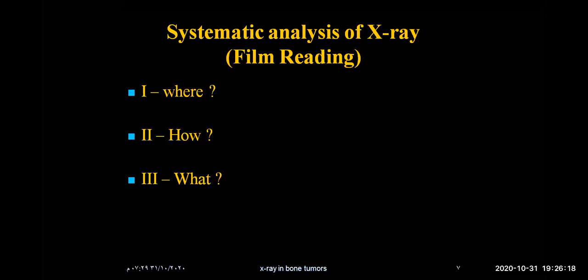The keyword is systematic reading. To be systematic in analysis of X-ray: where is the lesion, how, and what. So the rest of the lecture will be about these 3 goals.